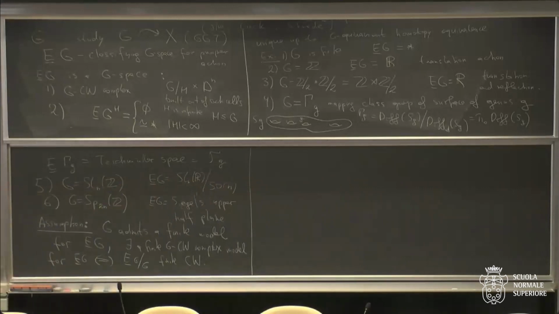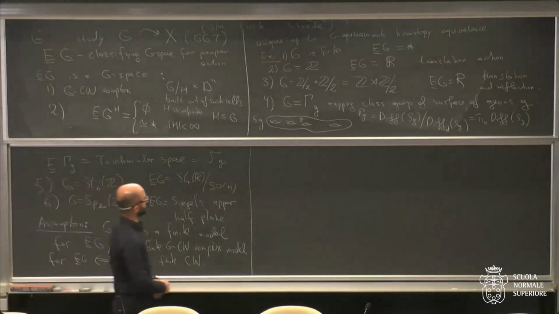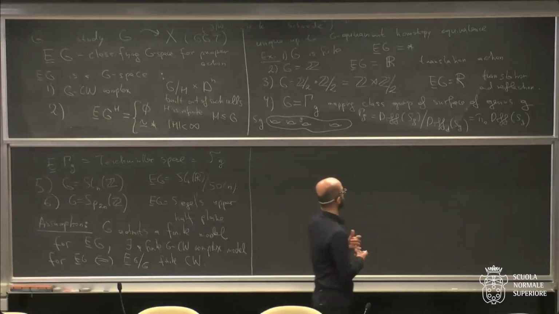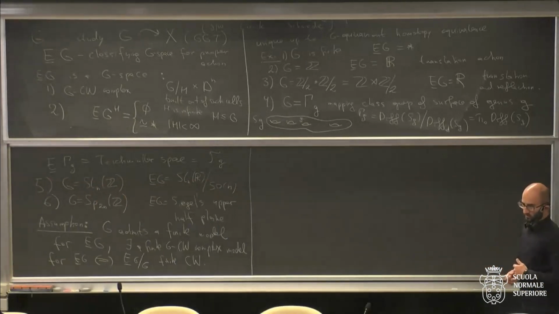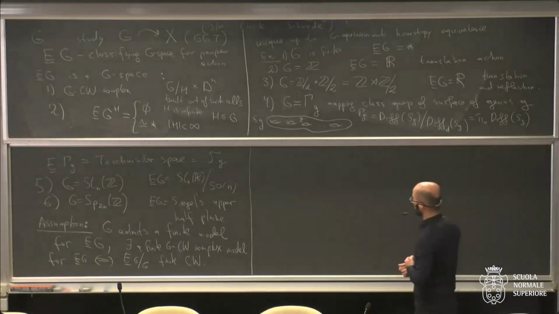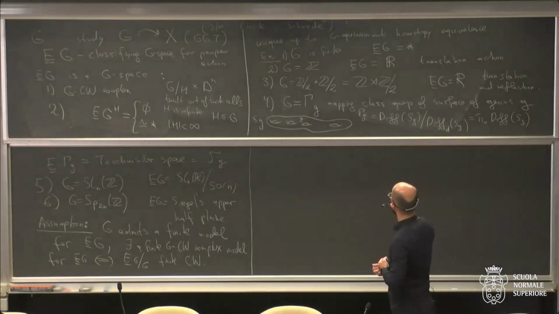Now, you may immediately complain looking at these examples that some of them are not finite. For example, certainly the second and third are finite because when you quotient that out it is like a circle or an interval. That's the first and second. The fourth one, moduli space, is not compact in general.